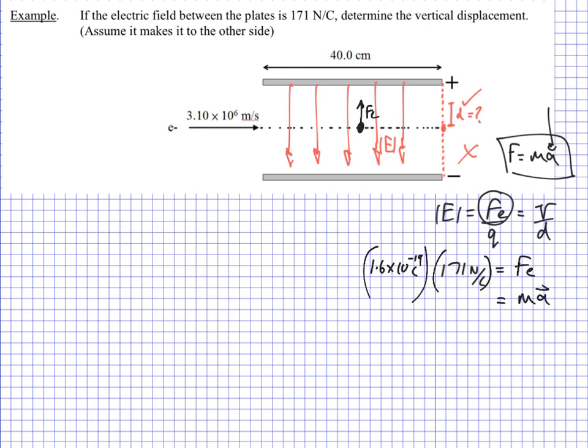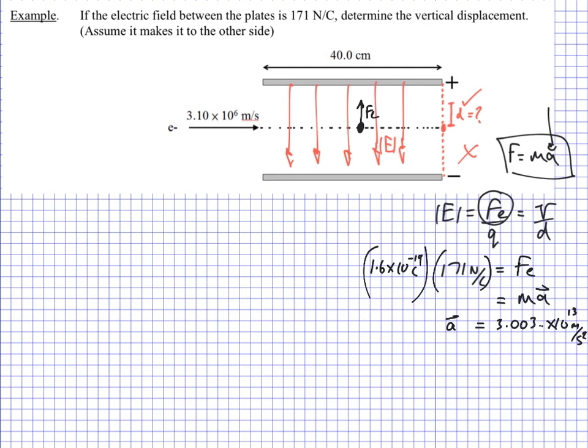So I can say that the uniform acceleration that this electron experiences, if you plug this into your calculator, is going to be equal to 3.003 something times 10 to the 13 meters per second squared. Okay, that's the acceleration it's going to experience upwards. So I know the acceleration.